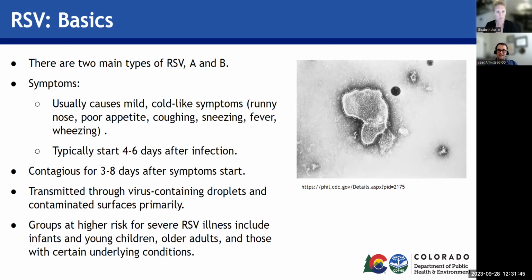Particularly, I will emphasize infants because, due to the size of their airways, just the anatomy, their airways being small, RSV can cause more severe illness, with a higher incidence of it than in other populations. But definitely it's an important cause of severe respiratory illness in older adults. And then, of course, those with certain underlying respiratory conditions, as well as other systemic issues too.